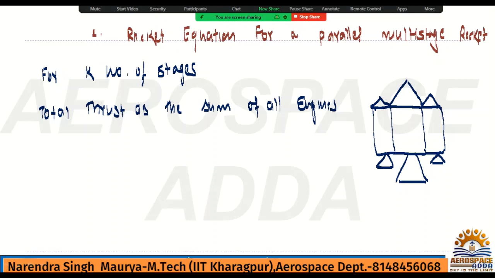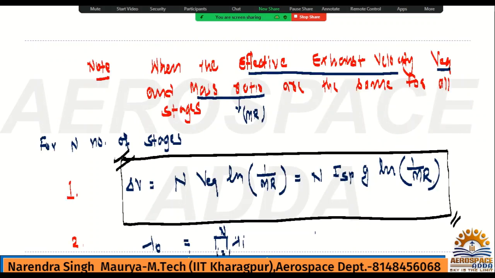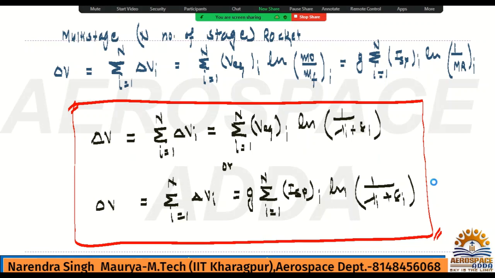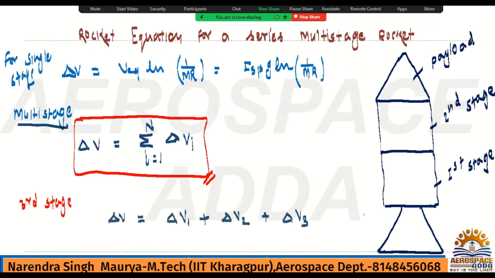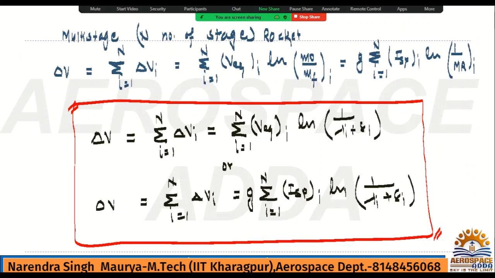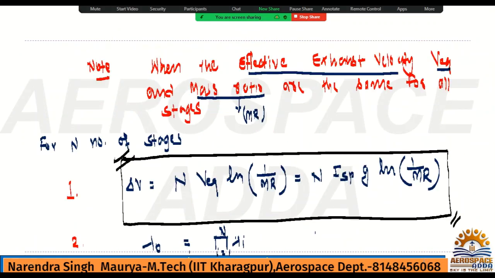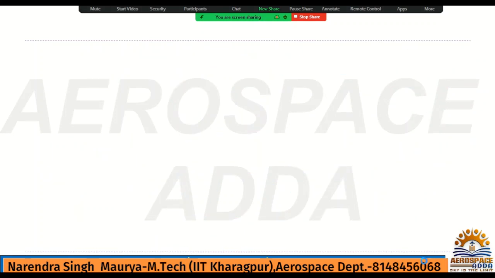Now check here, you will get thrust, here also you will get thrust, here you will get thrust, but in series the thrust will be here only, no? Check, the thrust you will get only here because it is the single stage. Anyway, listen carefully, it's very simple.